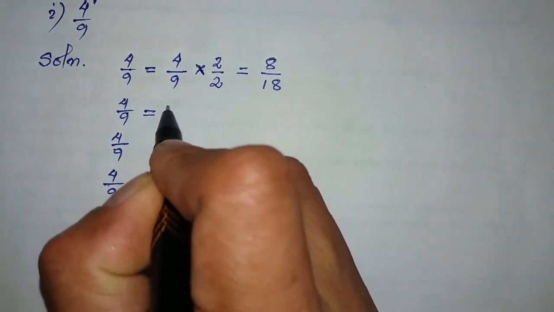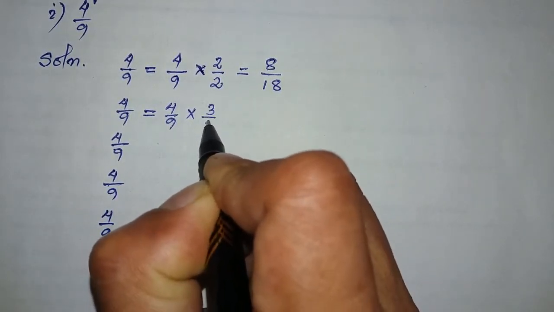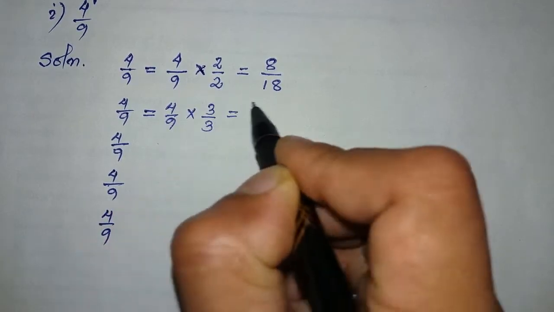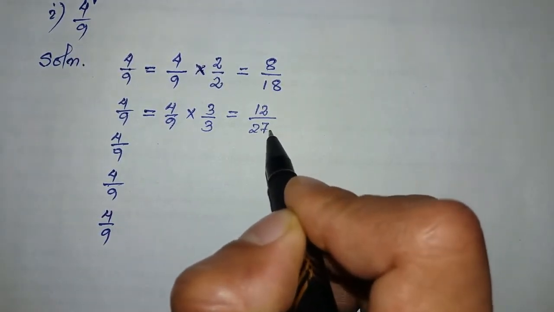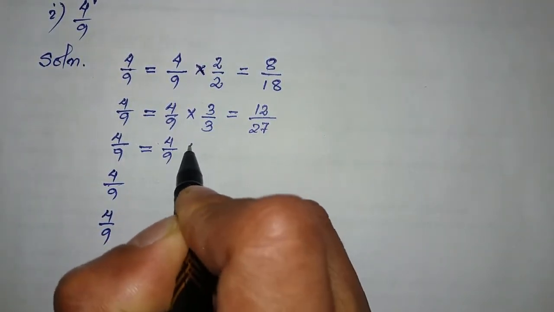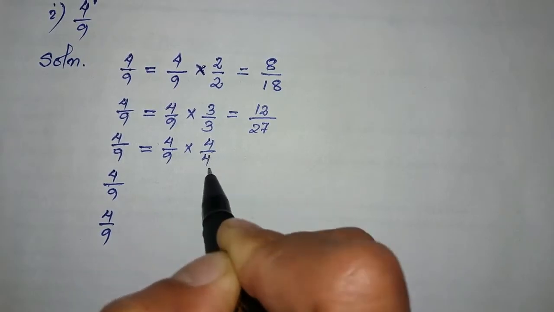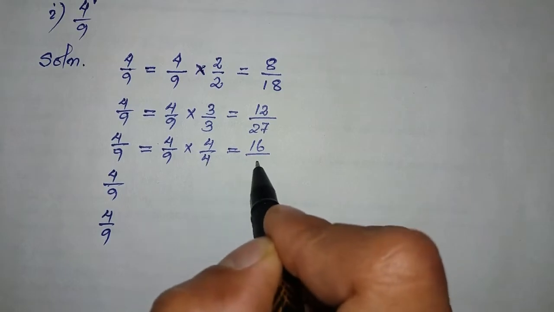Again, let's multiply with 3 by 3. Then you will get 4 3s are 12, 9 3s are 27. Again, the same number, let's multiply with 4 by 4. 4 4s are 16, 9 4s are 36.